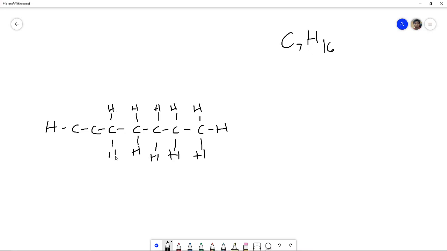So I drew the 7 carbons in a straight chain, and the hydrogens are sprouting out from each of these carbons. Since there are 7 carbons, this molecule would be called heptane, because hept is the prefix for 7 carbons.